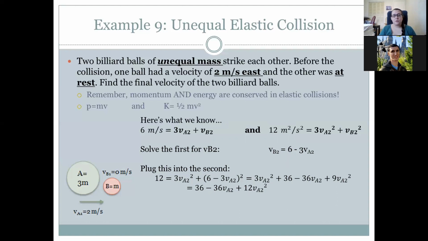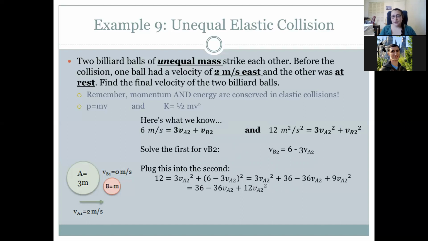So 12 equals 3 VA final squared plus, plug in our result for VB final, and then square that. So when we square what's in the parentheses, we get 3 VA final squared plus 36 minus 36 VA final plus 9 VA final squared.